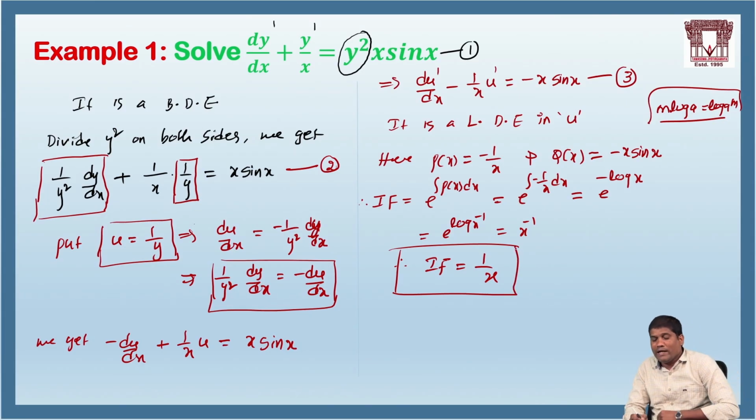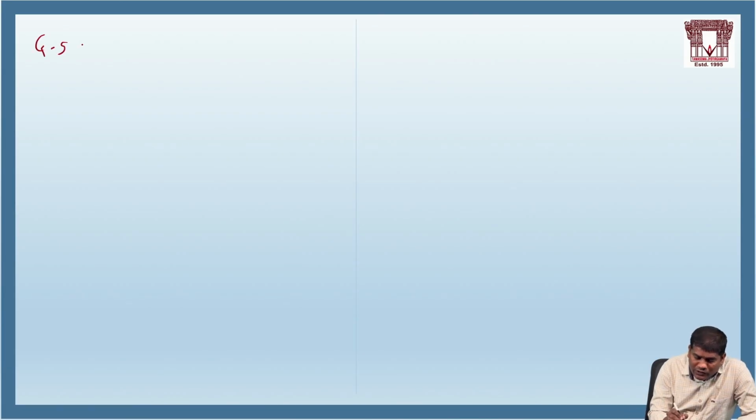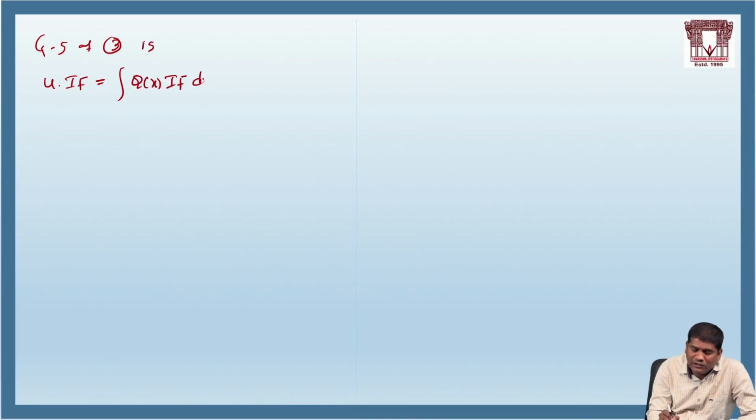Now we have to write the general solution to the equation 3. The general solution of the linear differential equation 3 is, there u is a dependent variable, so u into integrating factor is equal to integral of the right hand side function q of x into integrating factor into dx plus c.